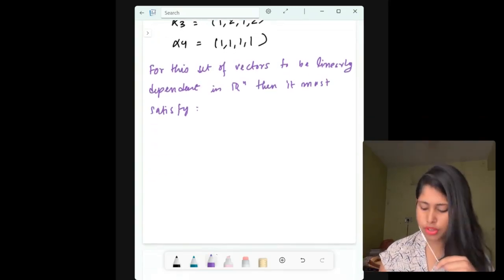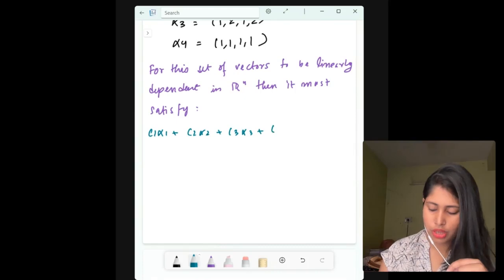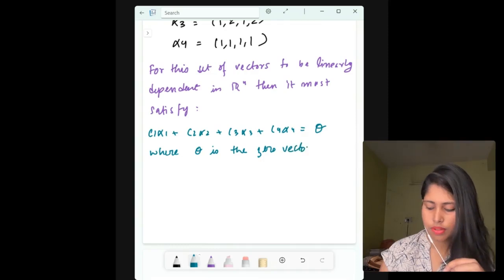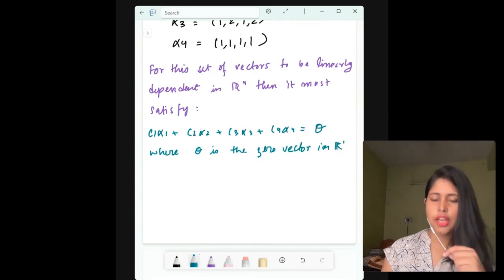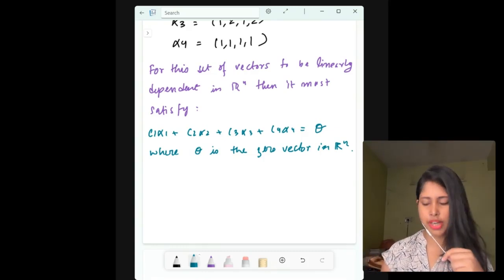Write that C1 alpha 1 plus C2 alpha 2 plus C3 alpha 3 plus C4 alpha 4 is equal to theta, where theta is the 0 vector in R4. Now just substitute the values of alpha 1, alpha 2, alpha 3 and alpha 4.